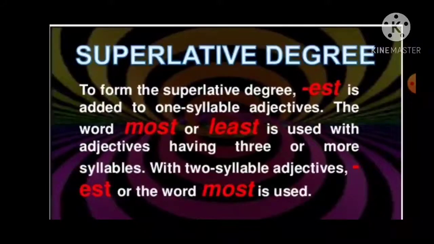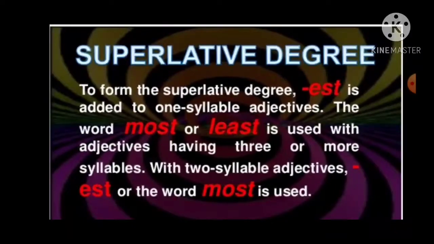Similar to that, we add a suffix to the given positive degree. Previously, when forming the comparative degree, for monosyllabic words we add er, and for longer or multisyllabic words we add more or less. And here, for monosyllabic words we add est to the positive degree to form the superlative degree.